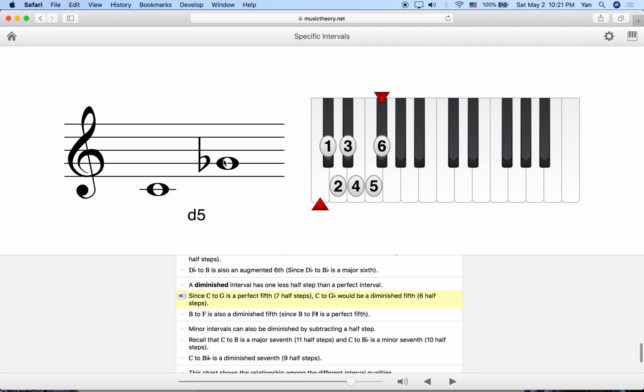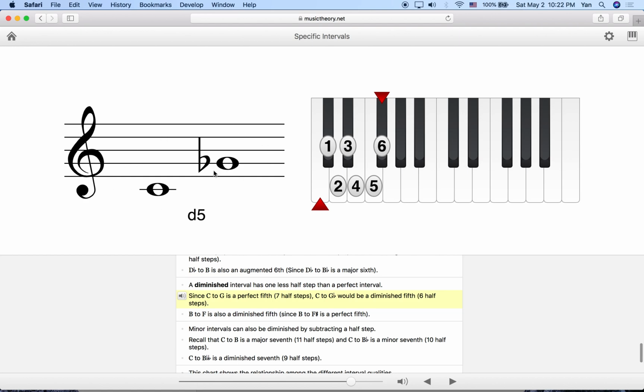C natural to G flat is going to be a diminished fifth. That's going to be 6 half steps, but because C to G natural before would have been a perfect fifth, with G flat, we're lowering that perfect fifth by a half step. We end up with a diminished fifth. And because we're taking into consideration the location on the staff, this would be called a diminished fifth.